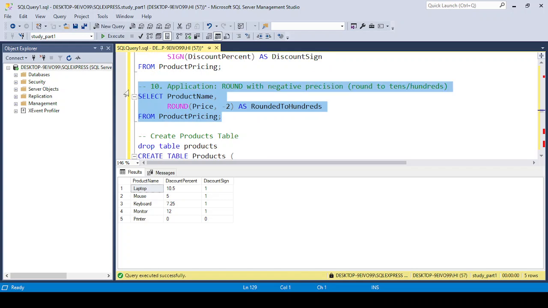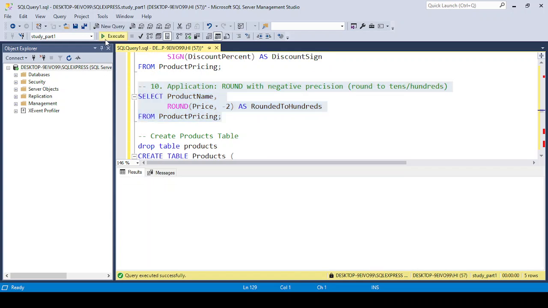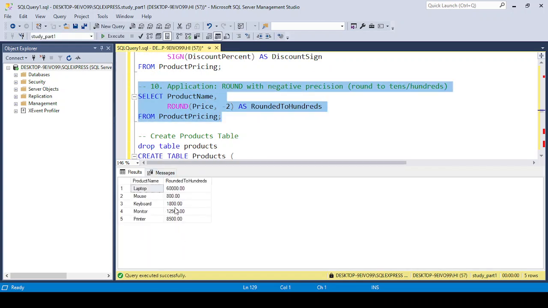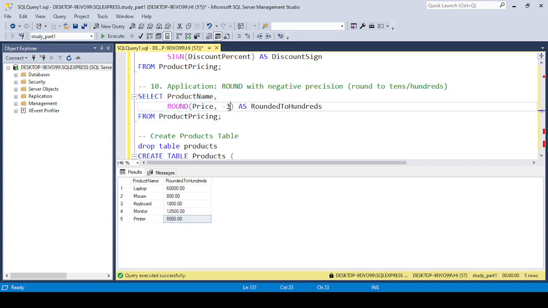If I specify round with a negative value, it will round up to the last digits. Let's see, if I say round of -3, then this will give me 60,000 itself. This will give me 1,000. This will give me 2,000. This will give me 13,000. That is, whatever is 500 and more is taken as the next 1,000 value, and that will also give me 9,000.